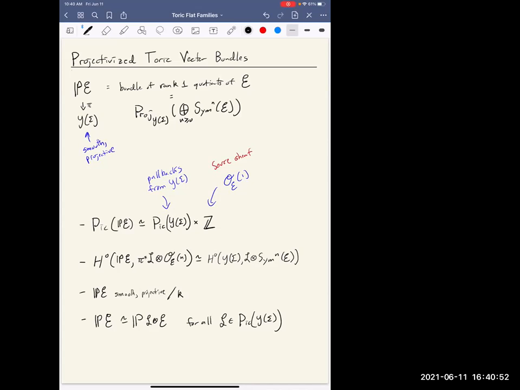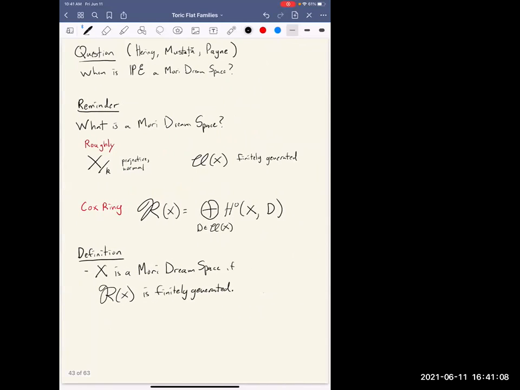So the Klyachko classification of toric vector bundles turns into just a parameterization in this setting. There are many projectivized toric vector bundles with the same Klyachko data. Okay. So once again, we have a nice collection of projective smooth varieties here, parameterized by some nice data.